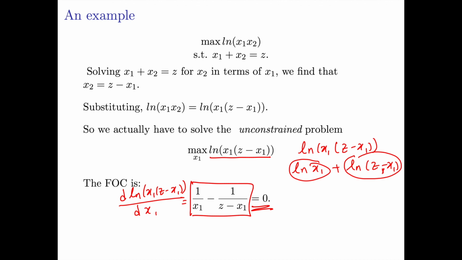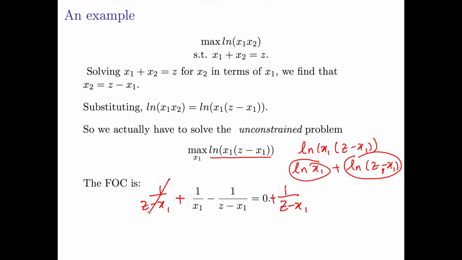Remember, we're looking for the top of the hill. So let's solve this. We're going to add 1 over z minus x1 to this side, and we'll add it to this side. The 1 over z minus x1 and the minus 1 over z minus x1 cancel on the left side. So we get 1 over x1 equals 1 over z minus x1. If you recall, when we manipulate these equations, you can do whatever you want to one side as long as you do it to the other side.